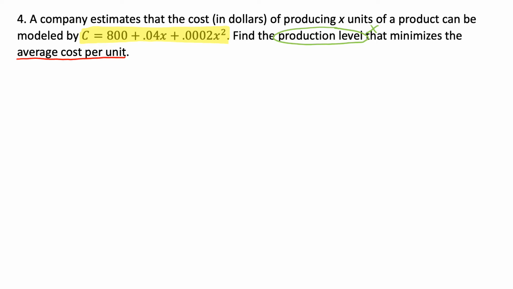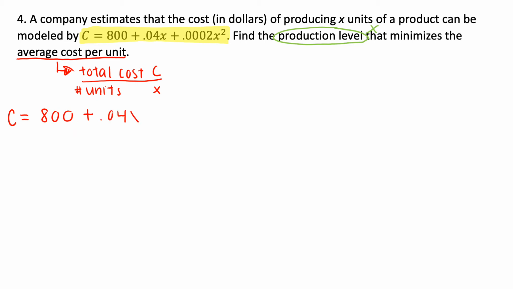So they gave us C as our total cost. To find our average cost, we need to take our total cost, C, and divide it by our number of units, which is x. So the first thing we need to do is take our equation C, 800 plus 0.04x plus 0.0002x squared, our cost, and make it our average cost equation.